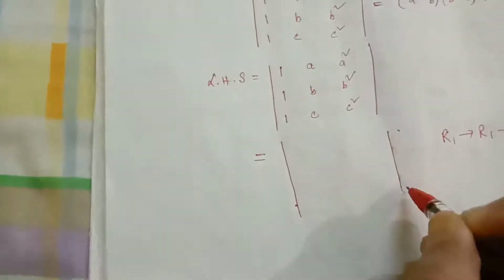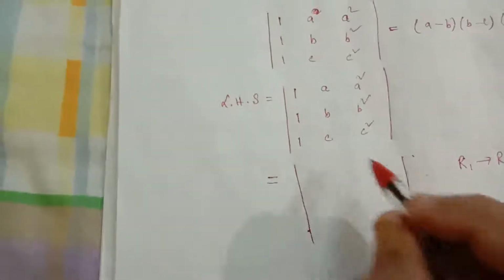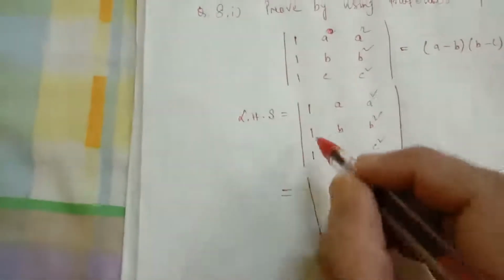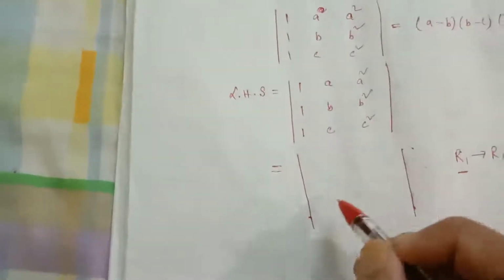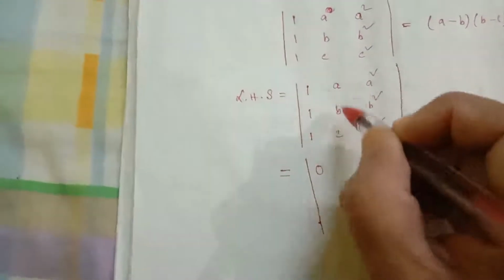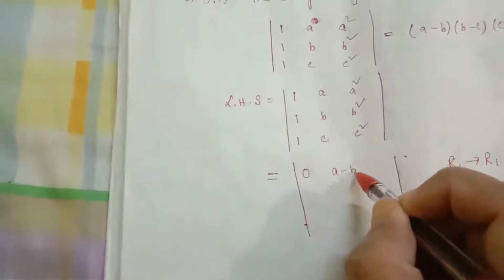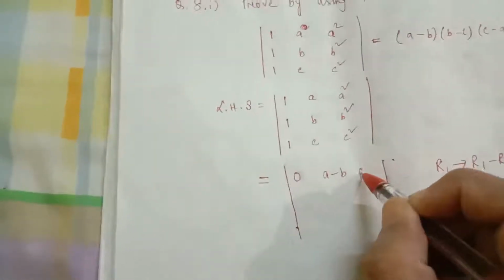We are doing this step only to bring 0 in the determinant. So 1 minus 1 is 0, a minus b, a square minus b square.